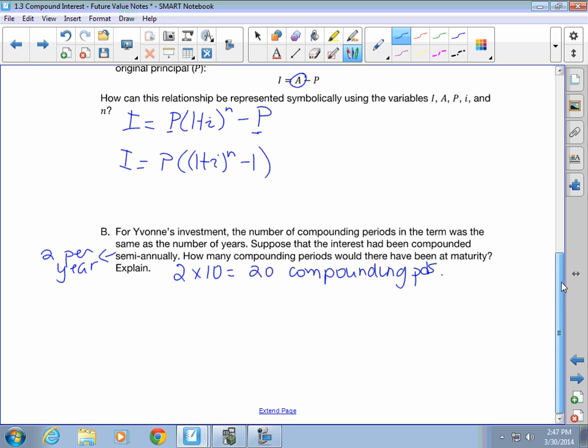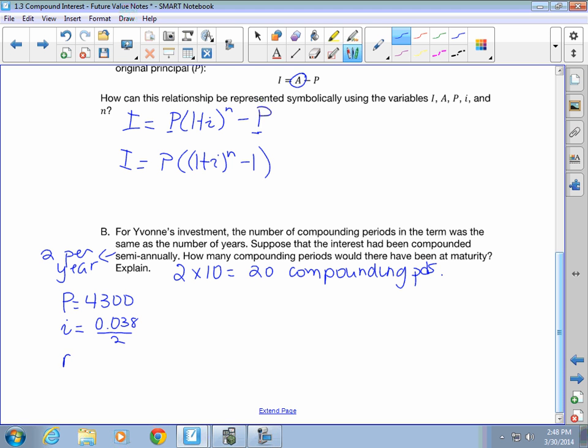So if we wanted to figure out how much she would make, our principal is the same, so she's investing that $4,300. Our interest rate was 3.8%, so 0.038. But remember, the interest that we're looking at is per compounding period. So if we have 2 every year, that means we have to divide that by 2.